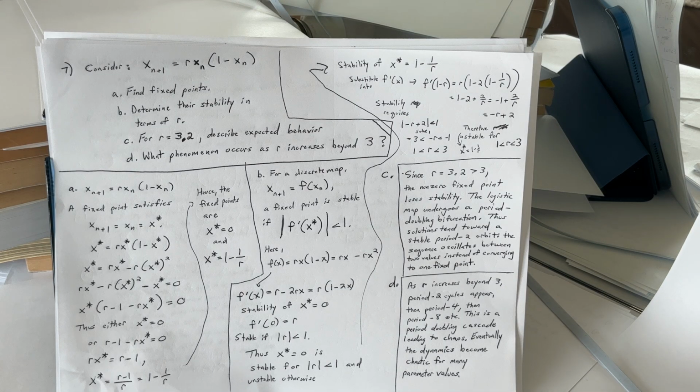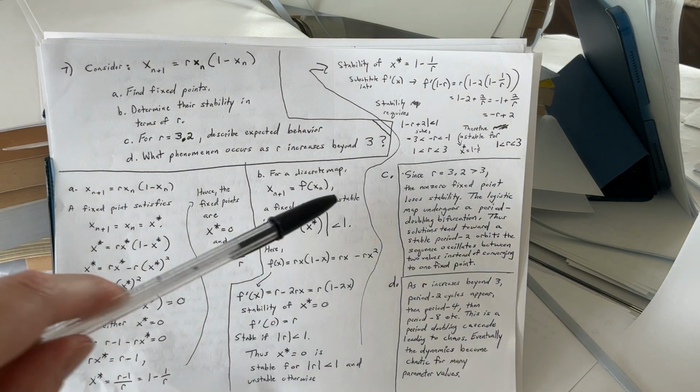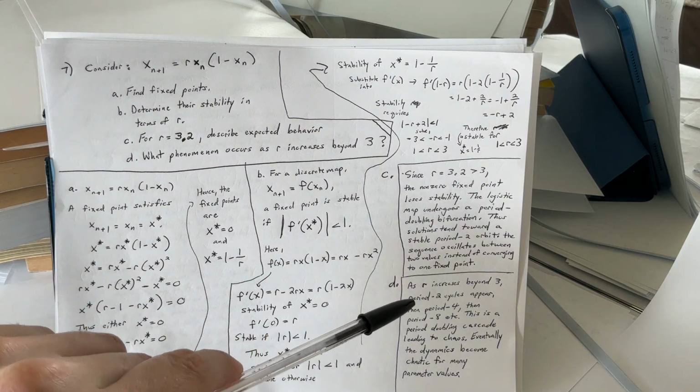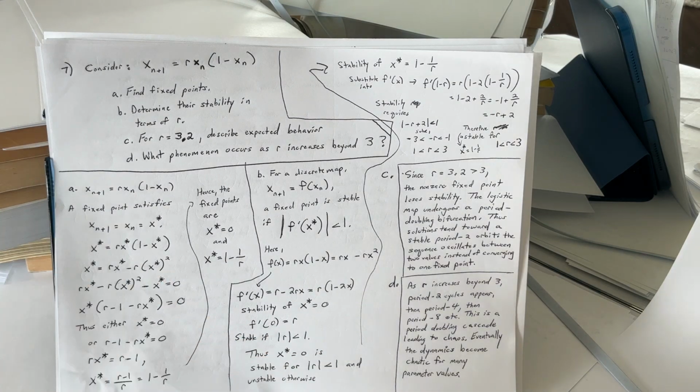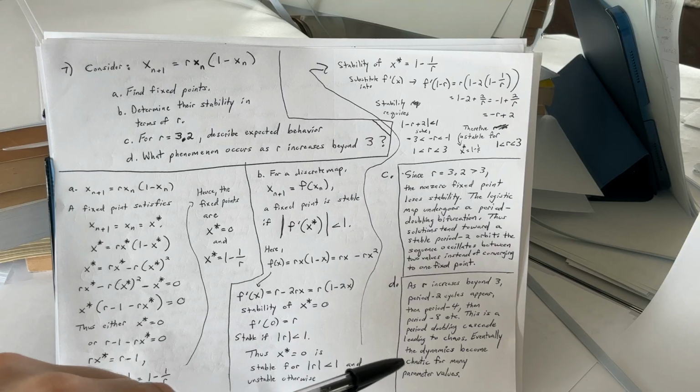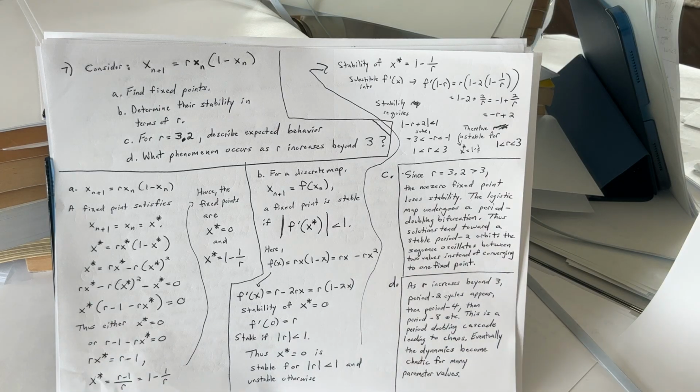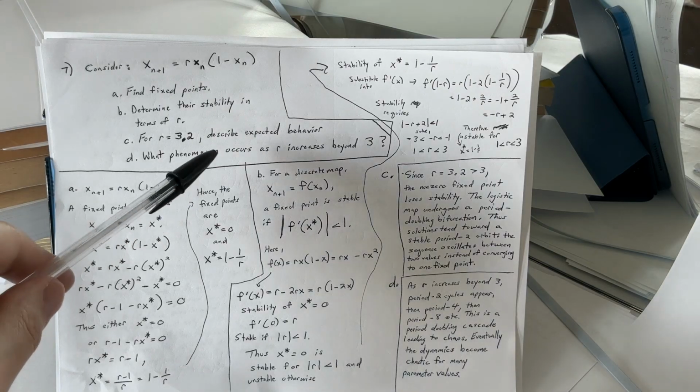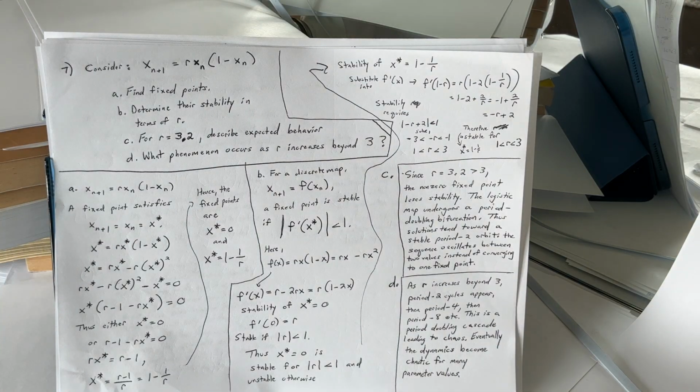As r increases beyond 3, we get period 2 cycles appear, then 4, then 8. So this is a period doubling cascade, and that's just going to lead to chaos. Eventually, the dynamics become chaotic for many parameter values. So that's how you would take care of the phenomenon question in letter D.